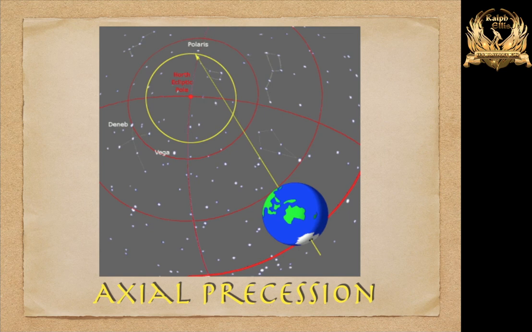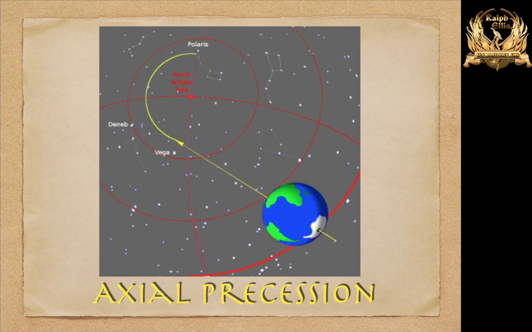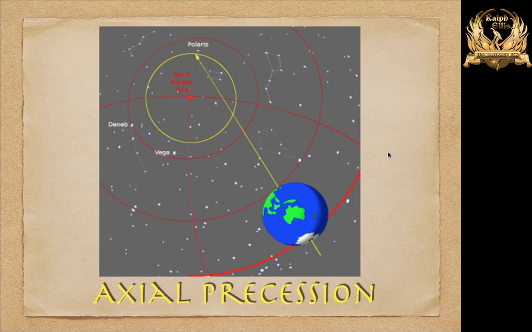And it draws this big yellow circle in the heavens above, known as the ecliptic circle. So the celestial pole moves around the ecliptic pole in this big precessional circle. And it's quite possible that we can use these movements to date some of our megaliths.